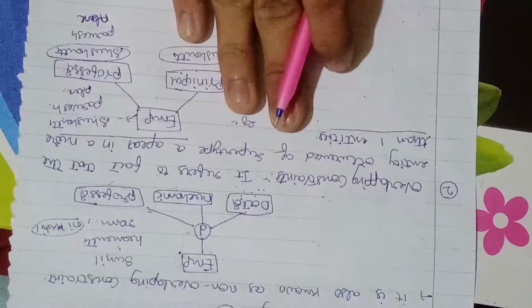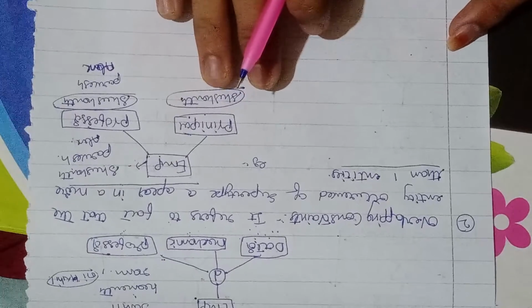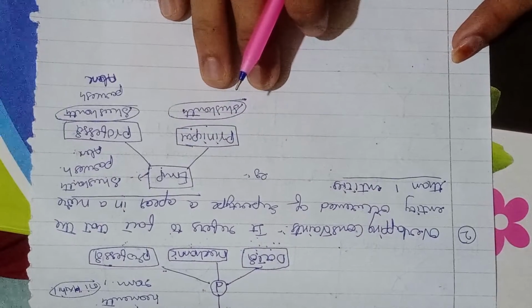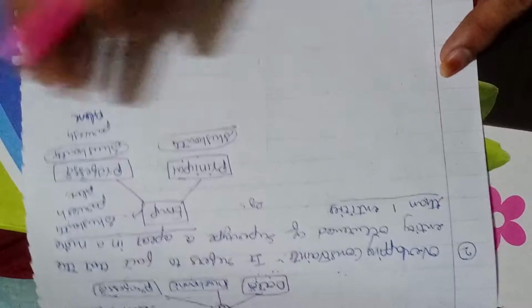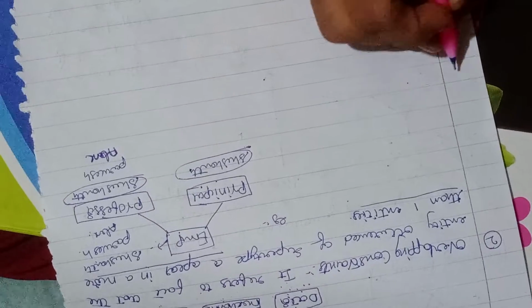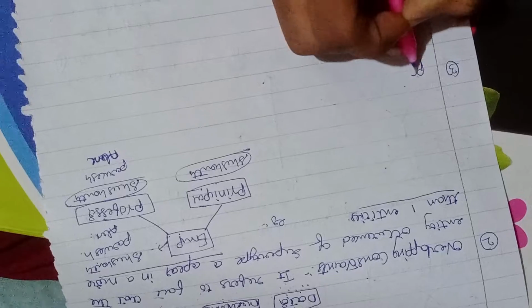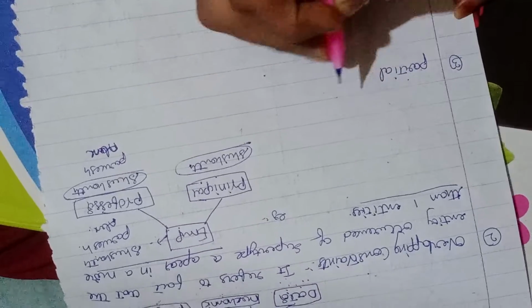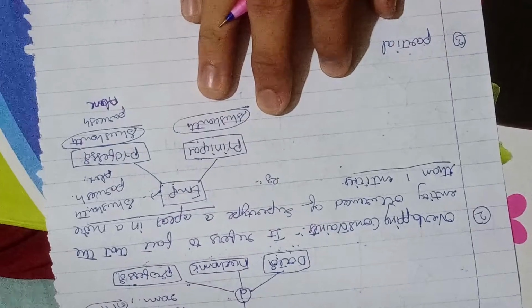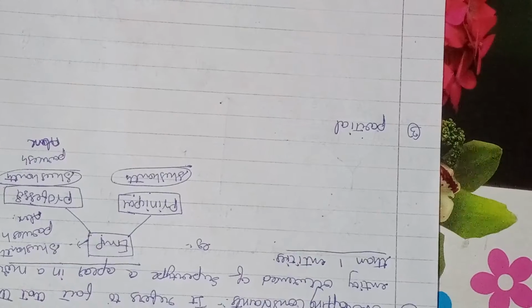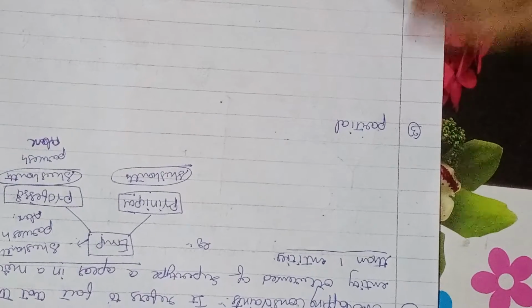Now we can see the third one, partial completeness constraint.